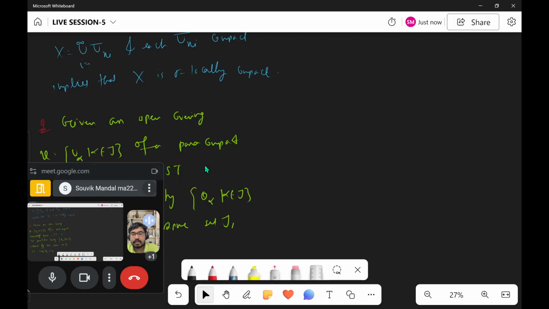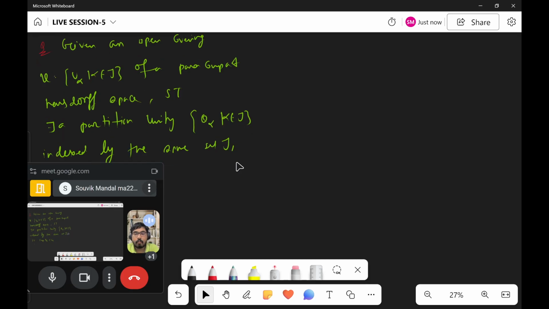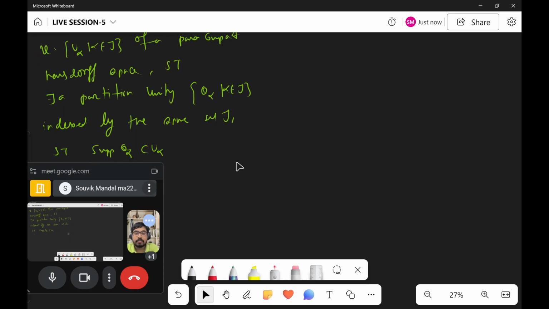So basically, what is this question telling? If we have a paracompact space and we have an open covering, which is Hausdorff, then we are able to find a partition of unity whose support lies entirely in U alpha.